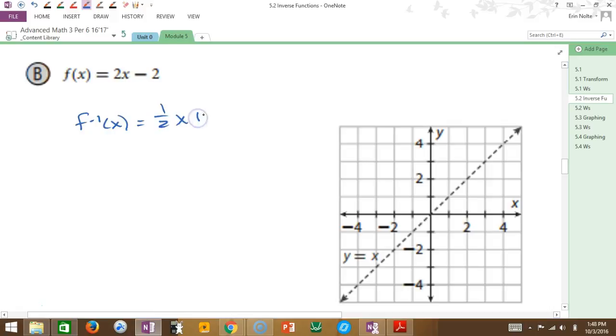Plus 1? Plus 1/2? Do you see what they're saying?